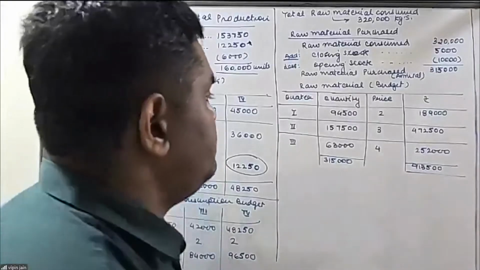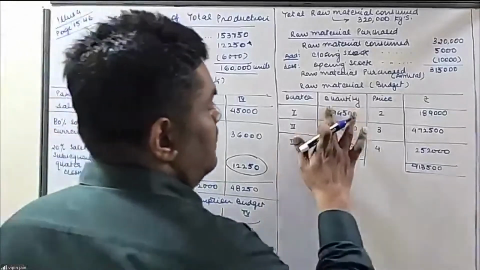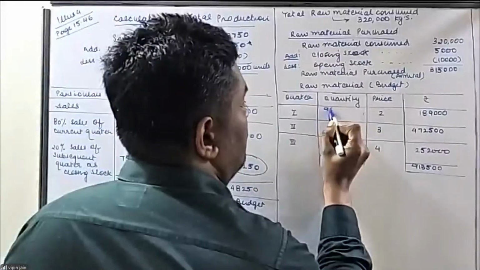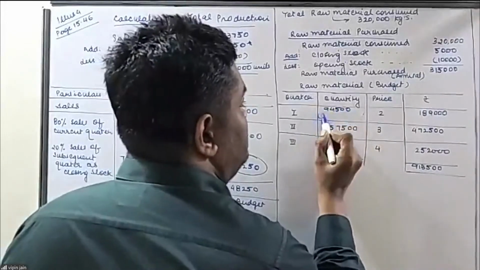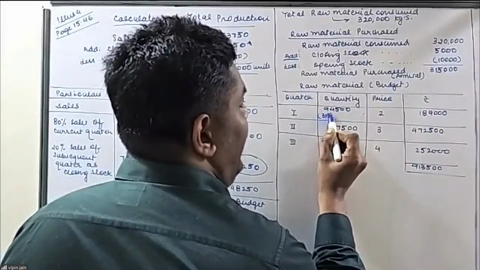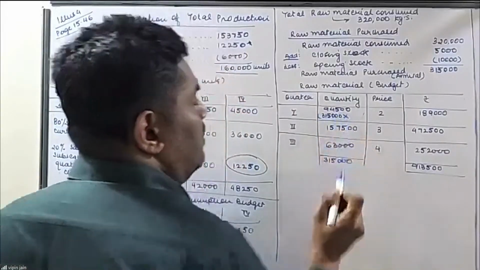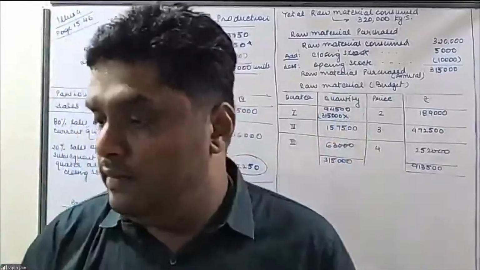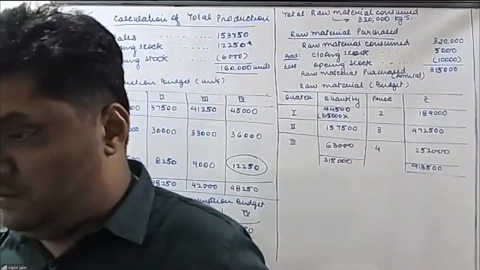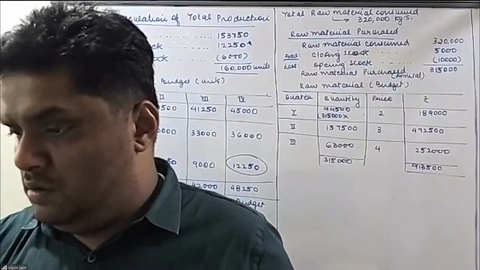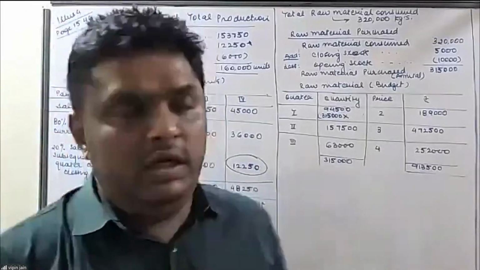94,500. This 3,15,000 is my annual requirement multiplied by 30%.